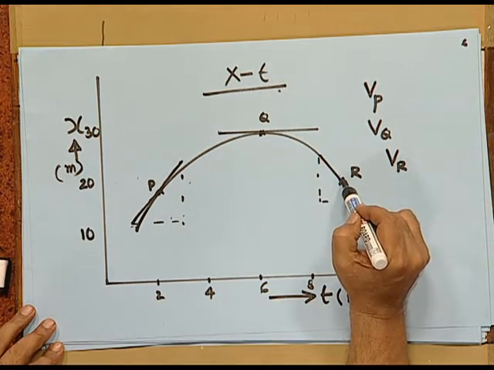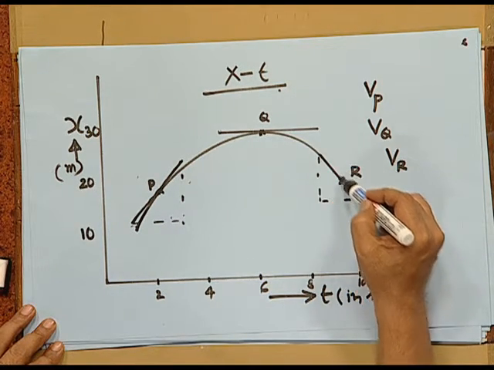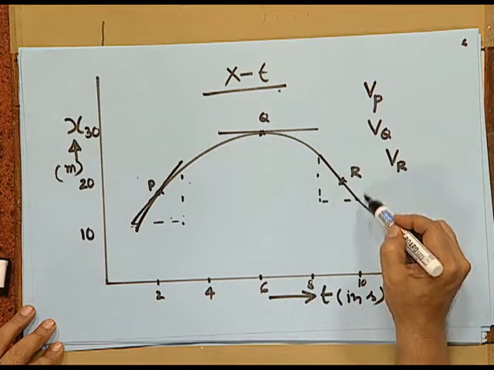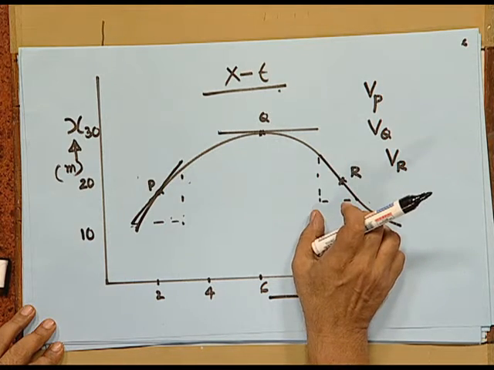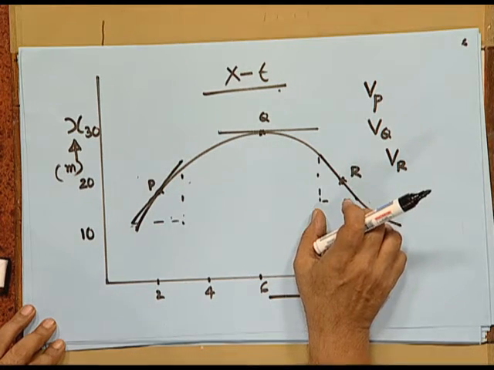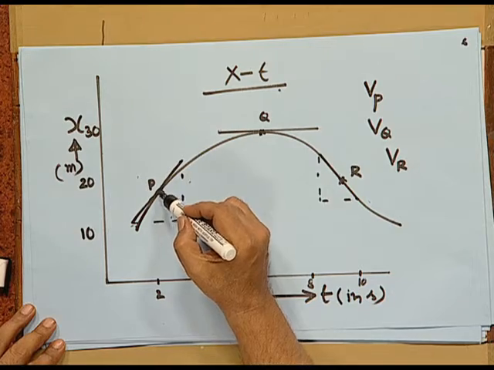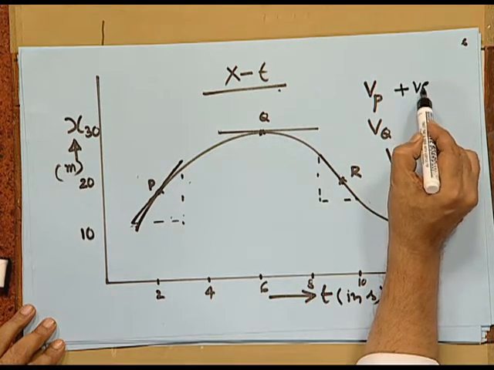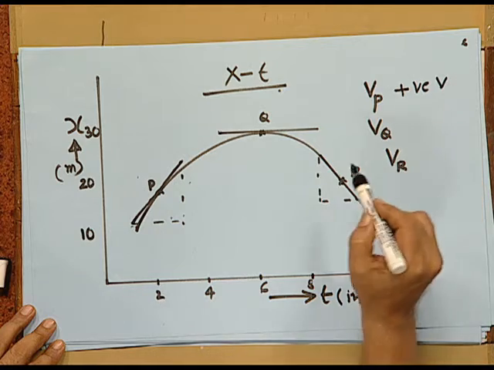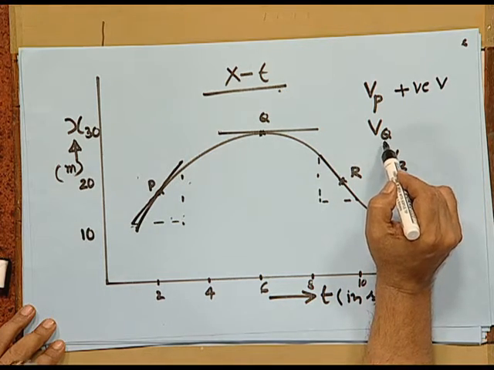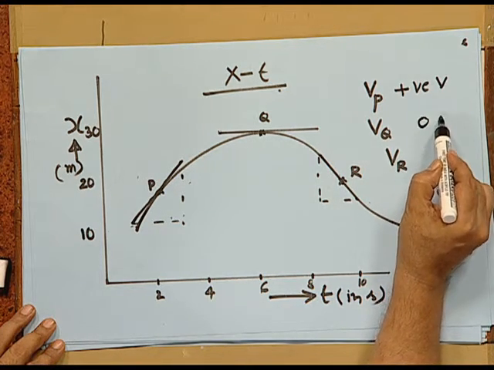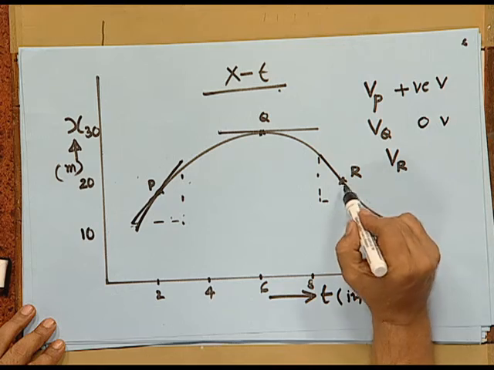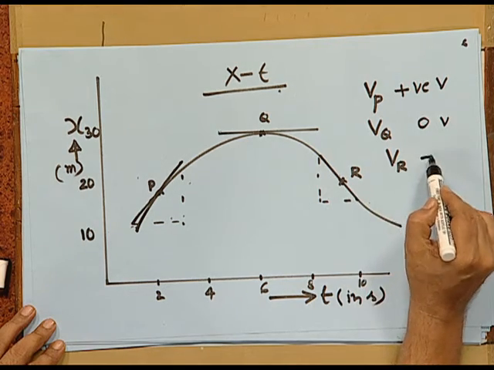Look at this point R. If I draw a tangent that almost coincides with the curve, the slope of this tangent is negative. It means at point P, the object has positive velocity, at point Q the object has 0 velocity, and at point R, the object has negative velocity.